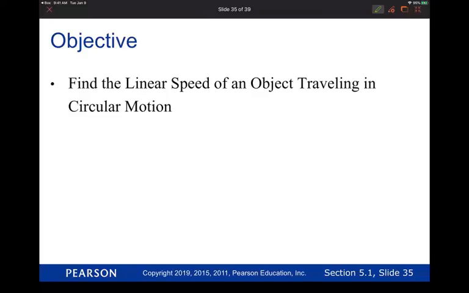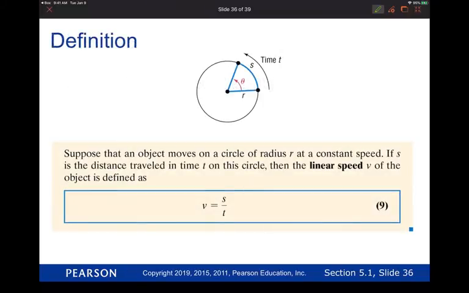Circular motion. I want to read this one. Suppose that an object moves on a circle of radius r at a constant speed. If s is the distance traveled in time t on the circle, then the linear speed v of the object is defined as the arc length divided by the time.